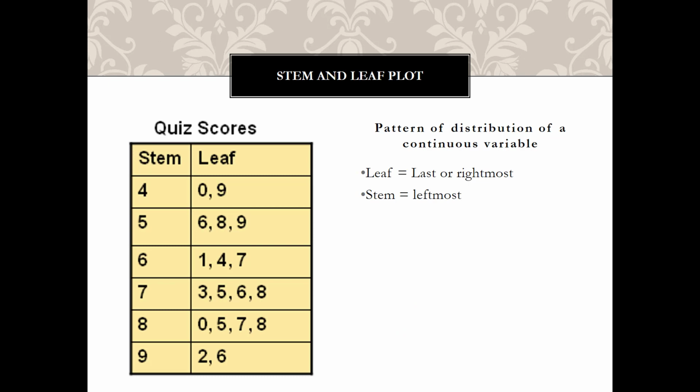These are quiz scores. So if the stem stands for the first digit in the score that ranges from 0 to 100, and the leaf refers to the second digit in the score, this means that one person got a 40 and one person got a 49. And the second row, one person got a 56, one person got a 58, one person got a 59.